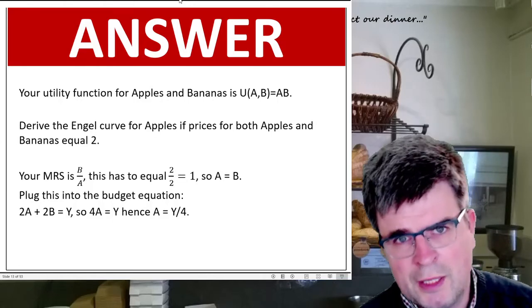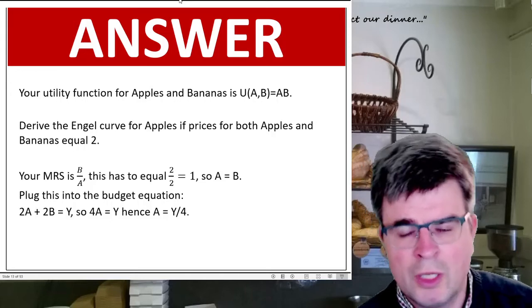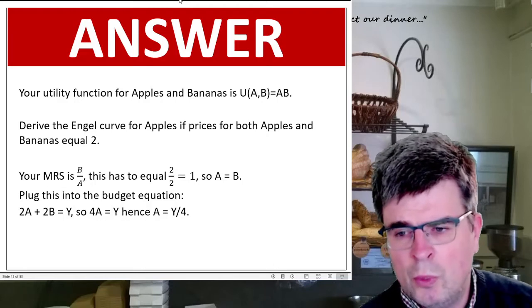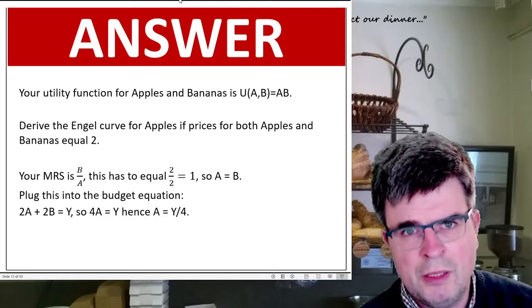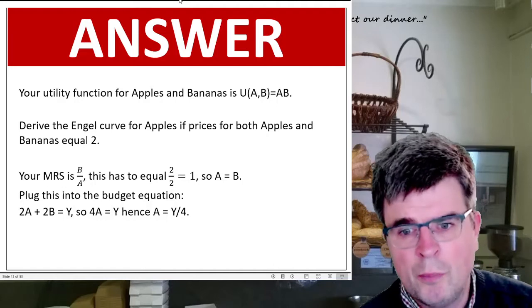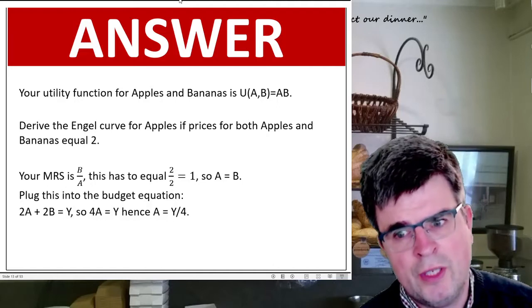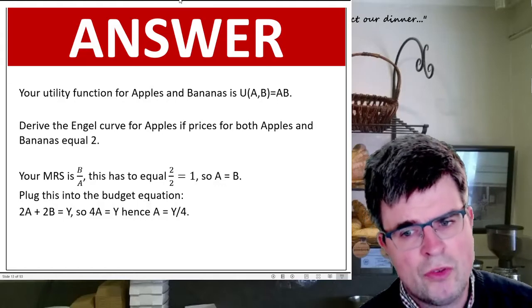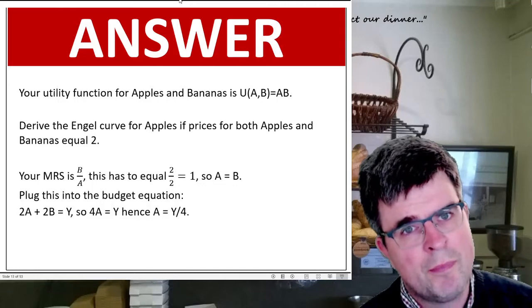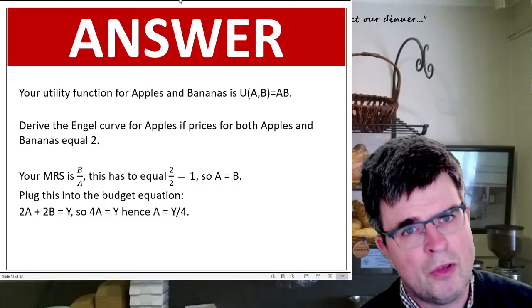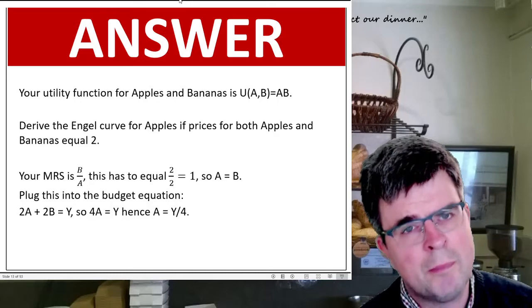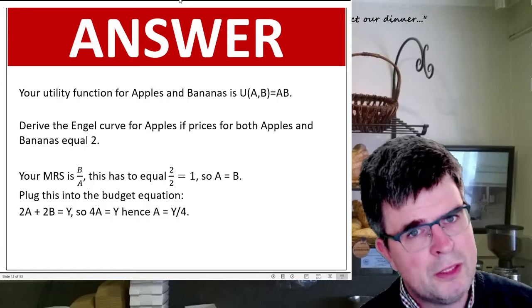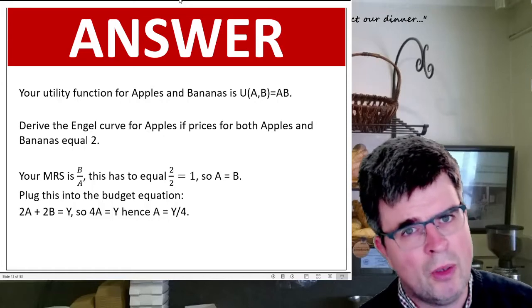So we have 2 times A plus 2 times B needs to equal our income, which is in this case denoted by Y. So we know, given that they are consumed in equal proportion in the optimal solution, we can replace the B with an A and we arrive at 4 times A is equal to Y. So it means that the relation between the optimal number of apples that we will consume and our income is given by income divided by 4. Whatever our income is, we will spend 1/4 of the income on apples.